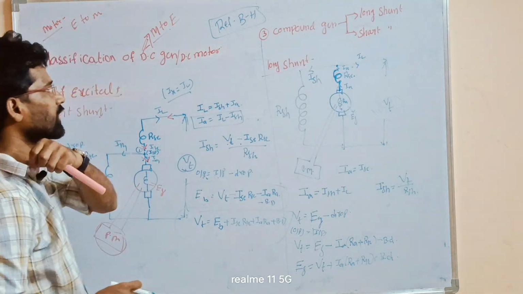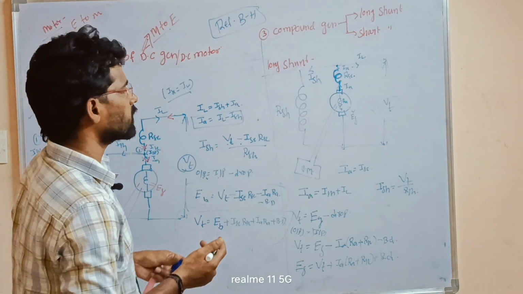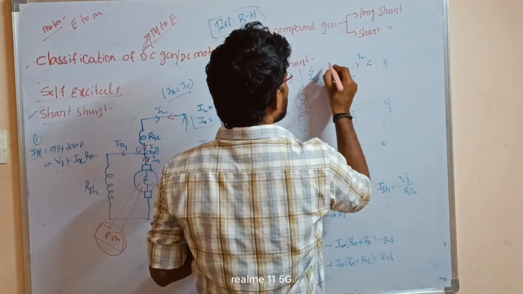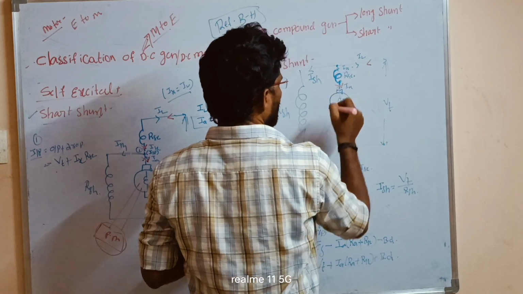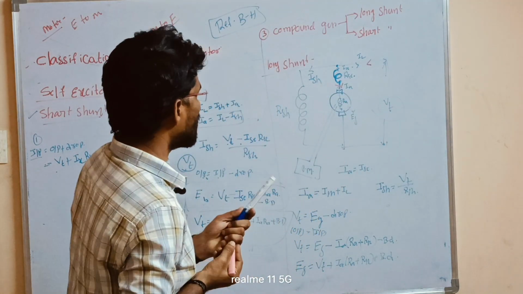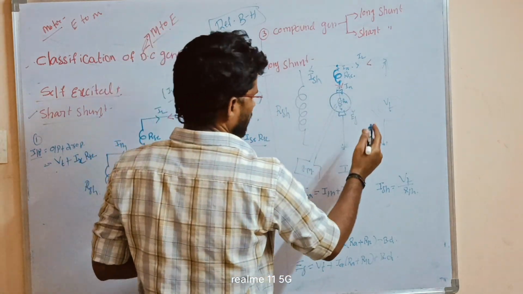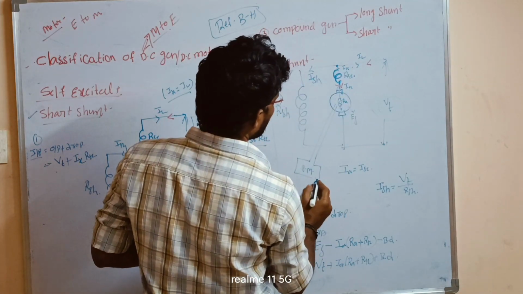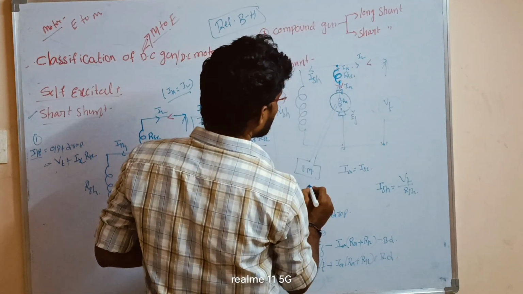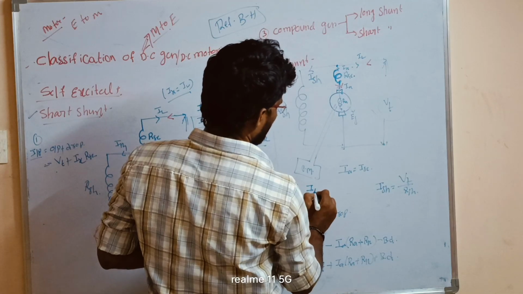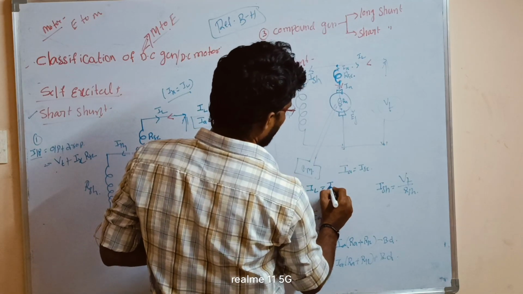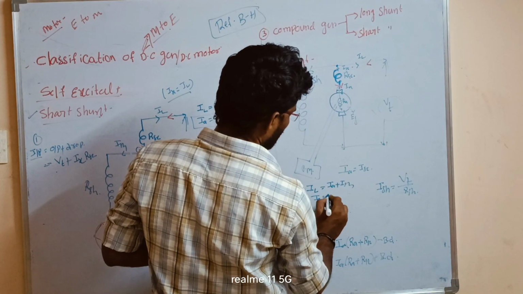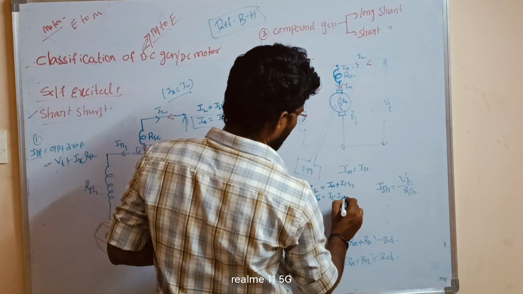Similarly we can find the long shunt motor. We change the current direction; only the current direction changes. Input current is equal to output current, so the entering current IL is equal to IA plus ISH. So IA is equal to IL minus ISH.